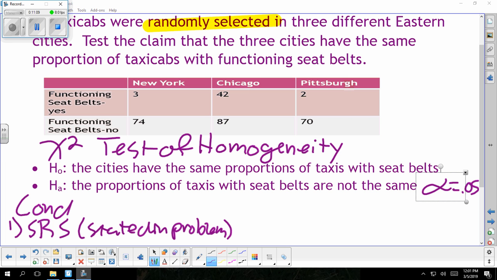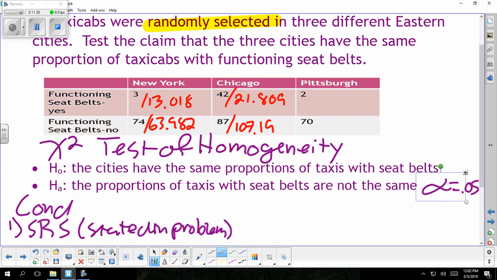All right, so now that we have our expected counts, we're going to write those right in the table here. And we use the matrix function in our calculator to go ahead and run this test and find those expected counts. And notice we're not given any contributions here, so typically we don't look much further than just comparing the observed and the expected.